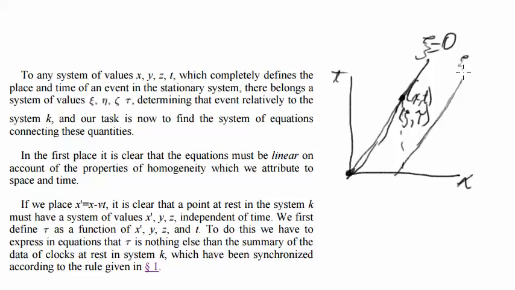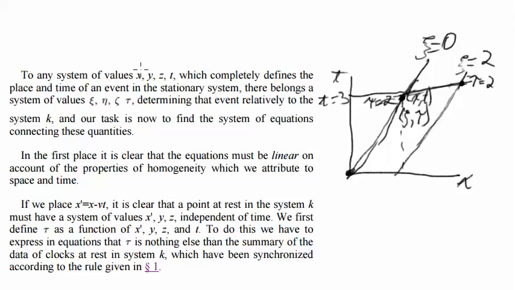Maybe this is psi equals, I don't know, 2. And say this is t equals 3, and this line represents tau equals 2. And this point is tau equals 2.